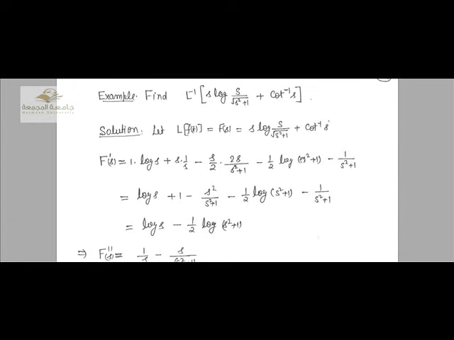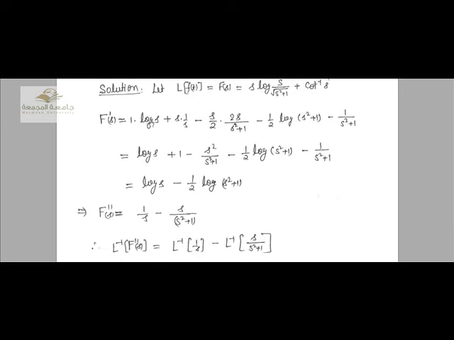Now, another example, find L inverse of s log s/sqrt(s^2+1) + cot inverse s. Solution: let L{f(t)} = f(s) = s log s/sqrt(s^2+1) + cot inverse s.